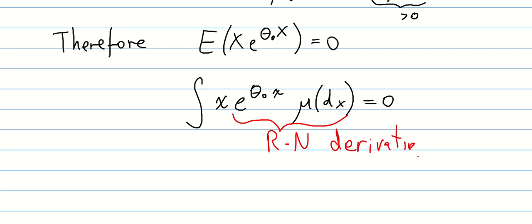So in our intuition mode, we would like to say that we are changing the measure mu to some measure nu, and d nu over d mu is going to be e to the theta 0 x.